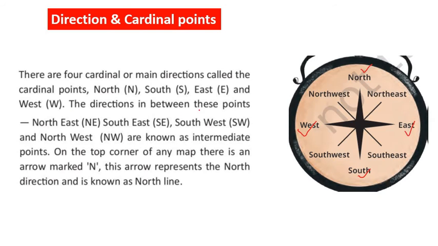Now the directions in between these points: between north and west is northwest, between north and east is northeast, between east and south, the convention is you have to say south first, so it will be southeast. Similarly, the direction between west and south should be named southwest. They are known as intermediate points, these four.